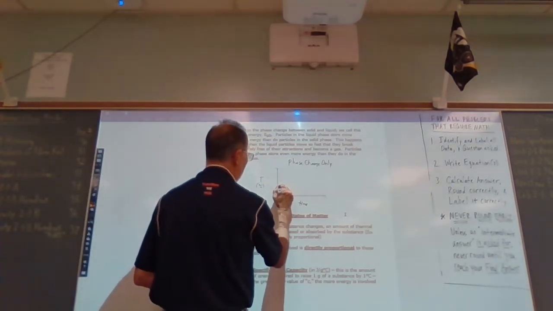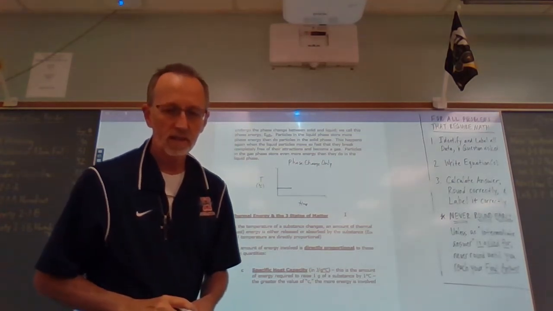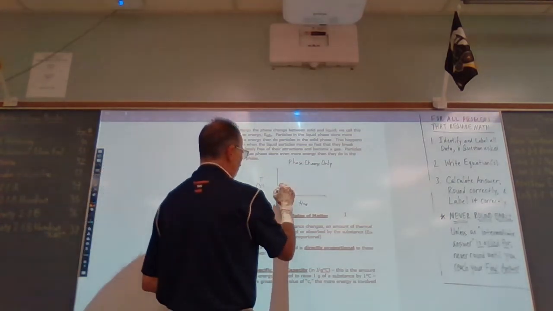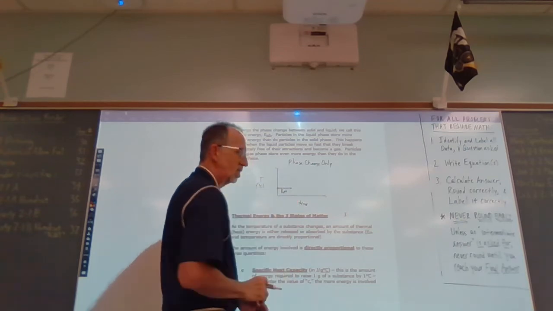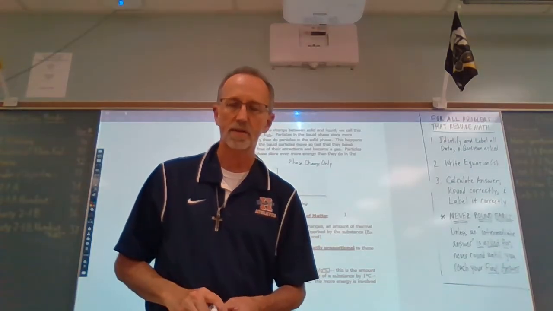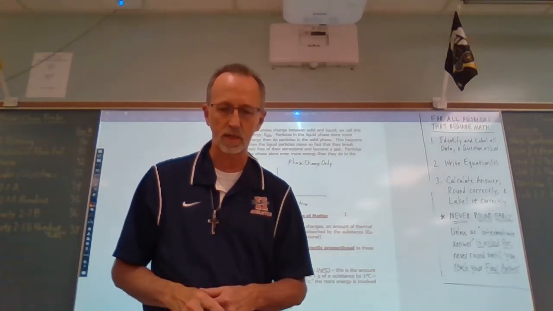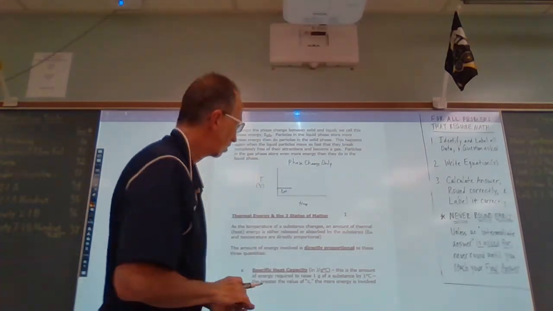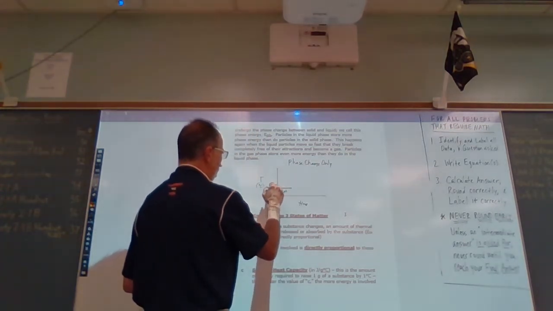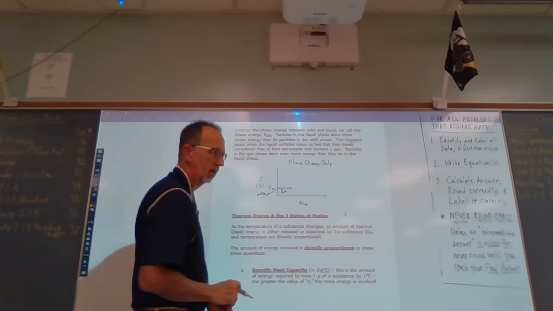During that phase change, there is no change in temp. There's just a change in the particle arrangement. They're going from closer together to farther apart, from solid to liquid. So this would be occurring at its melting point temperature.